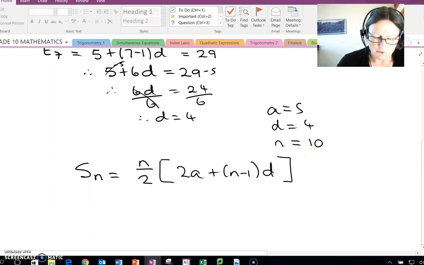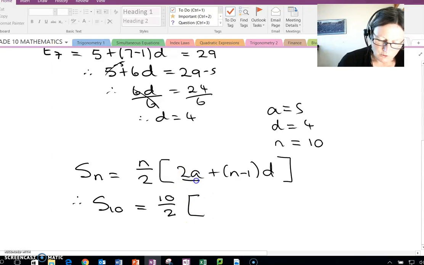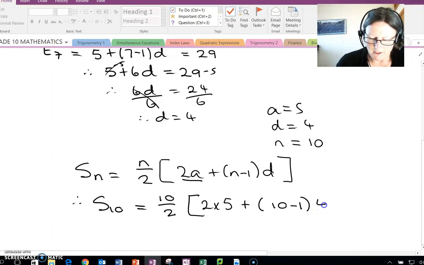So we can substitute in the information we have. The sum of the first 10 terms is equal to 10 over 2, because n is 10, times 2 times A, so 2 times 5, plus n, remember being 10, 10 minus 1, times our D, which is 4.